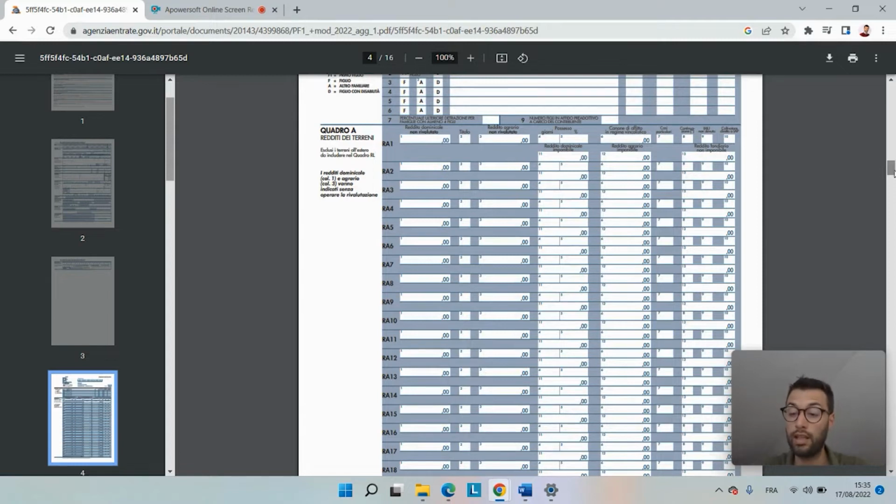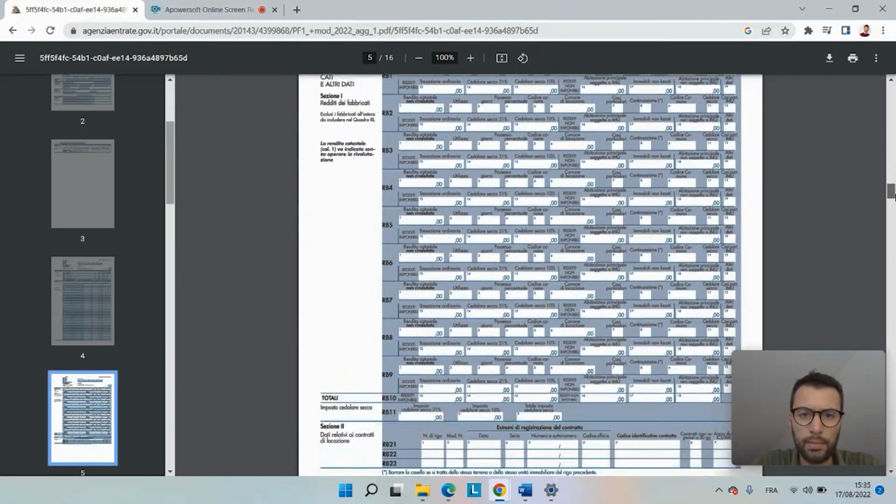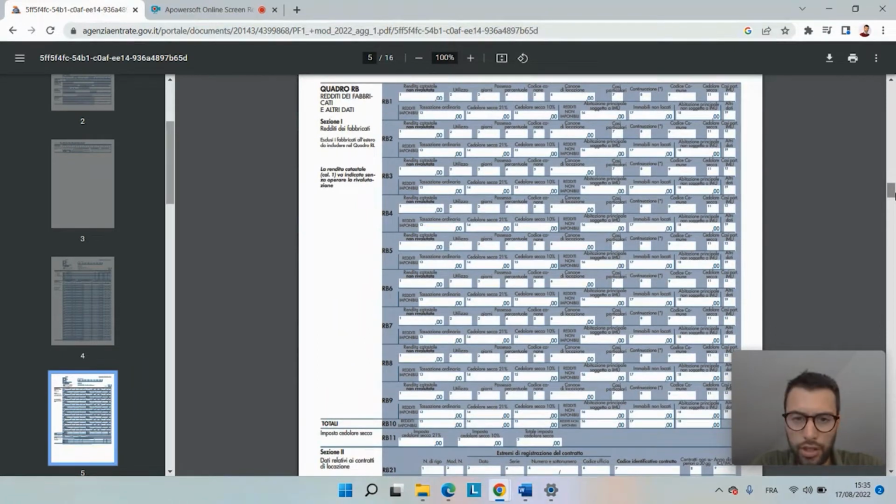Because in Italy, if you have a house or lands, even if you don't rent it, you have a fiscal revenue to determine and declare in your declaration. For instance, my mom has a house. She has another, let's say, office in the same house.